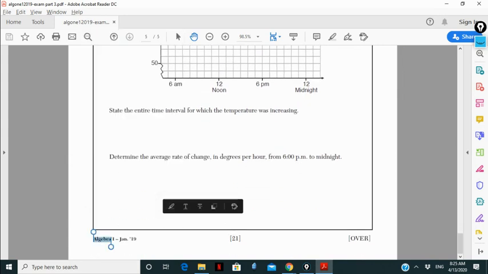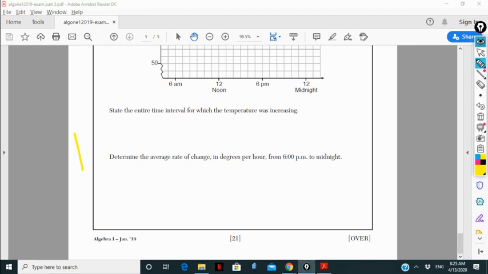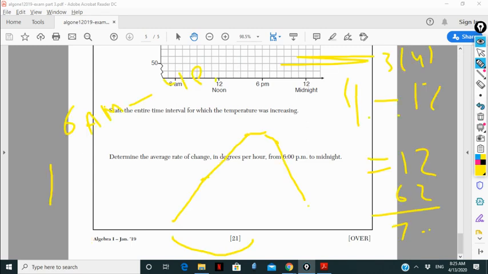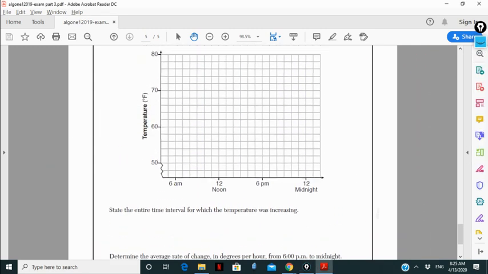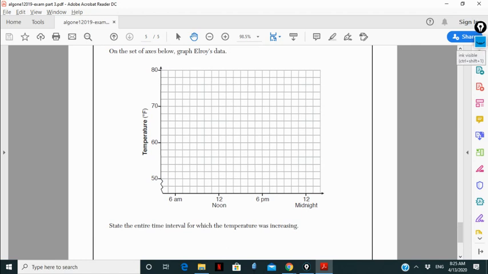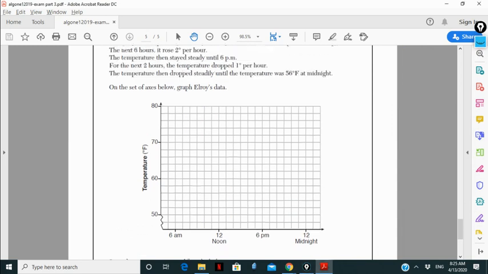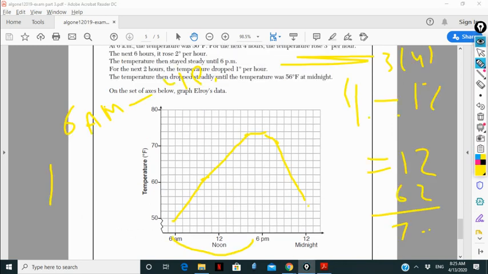Determine the average of the change in degree from 6 p.m. to midnight. So it started from 74 and ended by 56.